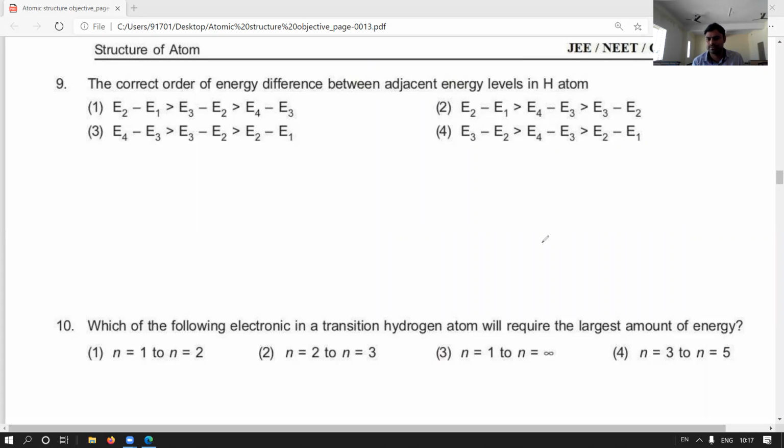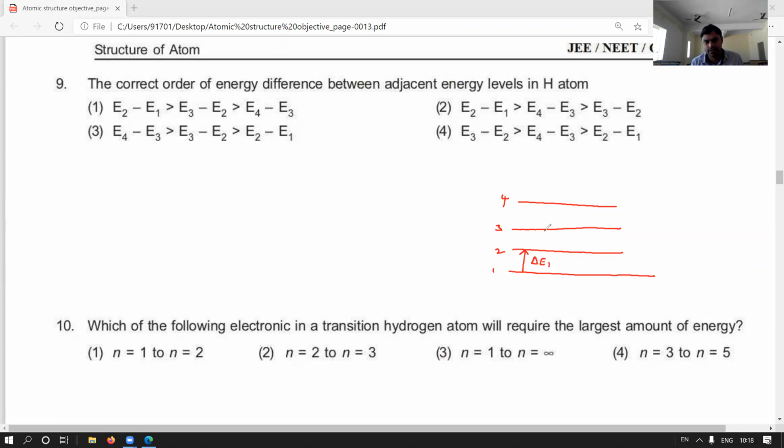Let's see. 1, 2, 3, 4 they gave. See, this is the first energy difference, delta E1.